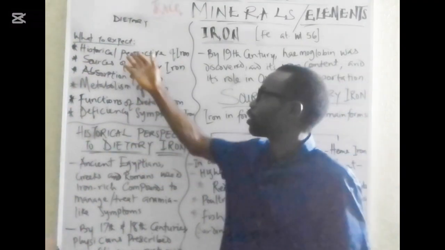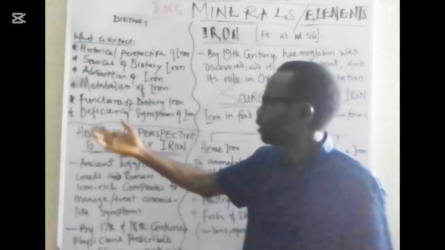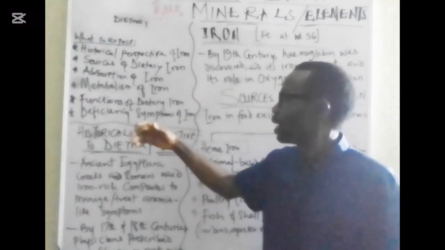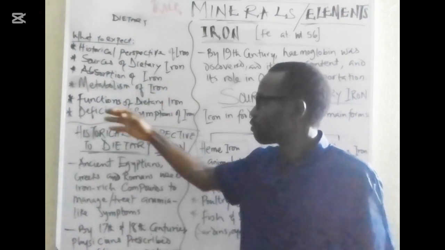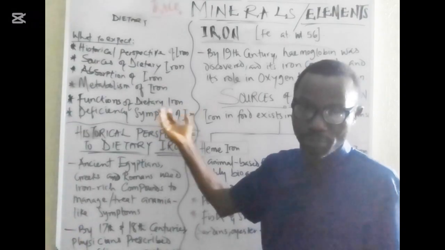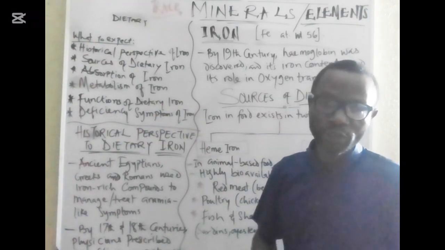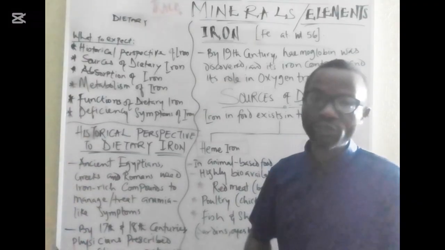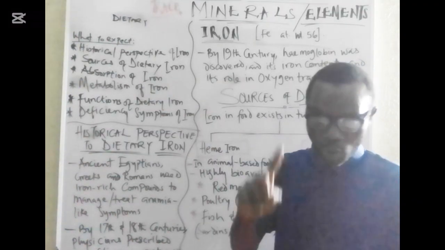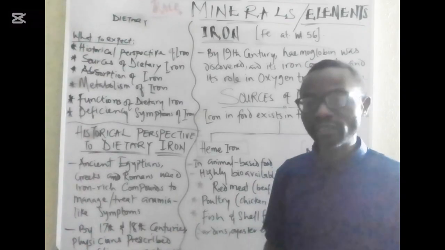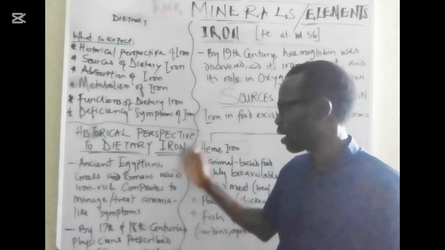We'll look at the historical perspective to the mineral in question, in this case iron, and then we'll look at the sources of dietary iron, and then we'll consider the absorption of it, the metabolism of it, then the functions of dietary iron and the deficiency symptoms, and then we draw the curtain on this particular mineral. Today we'll be starting with the historical perspective of dietary iron.